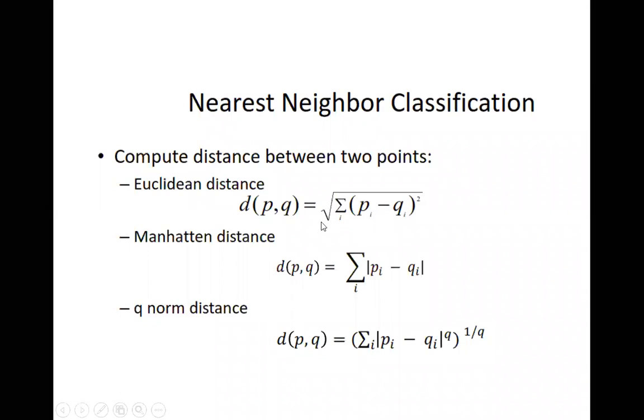Is it clear? See, our new data has got 4 attributes, and there are 5 test examples. So you have to find out the distance between 2 points, meaning Pi minus Qi, which means A1 dash minus A1. Attribute 1 in the test example minus attribute 1 in the training example.